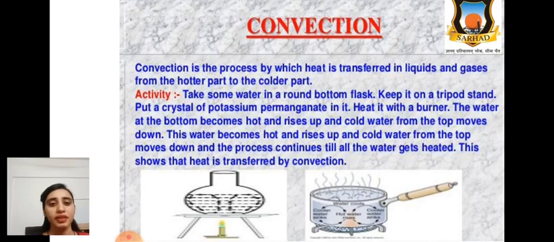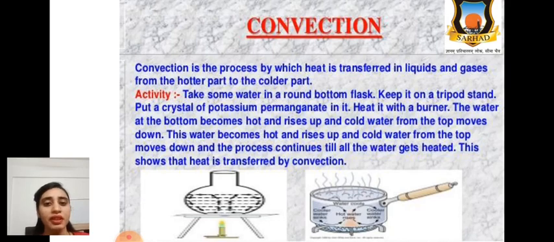See this activity. Take some water in a round bottom flask, keep it on a tripod stand, or you can keep it on your gas burner also. Take some water in any kettle or pan and put it on a gas burner, but don't put a crystal of potassium permanganate in it.